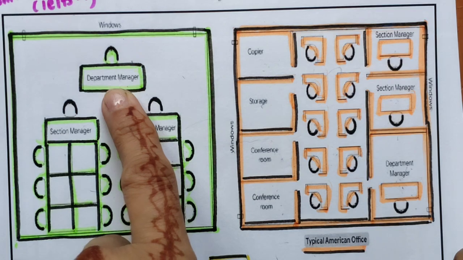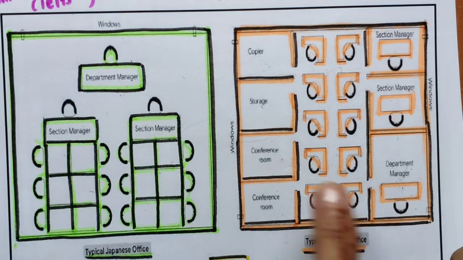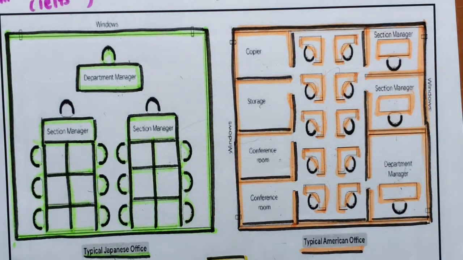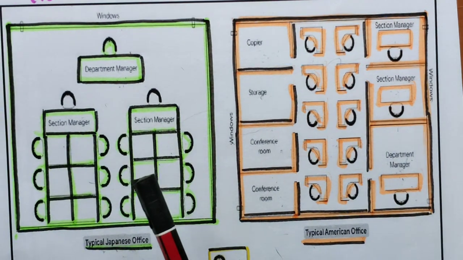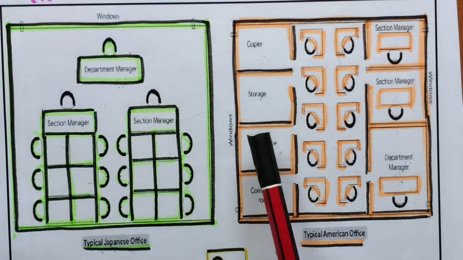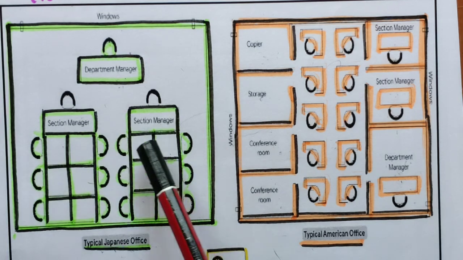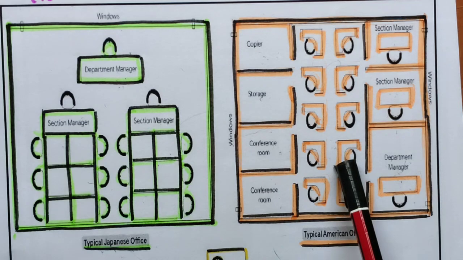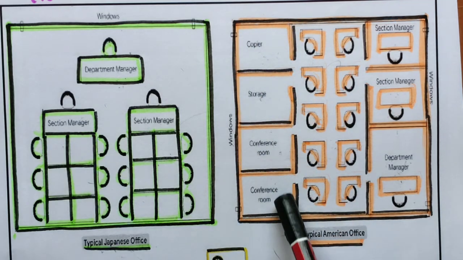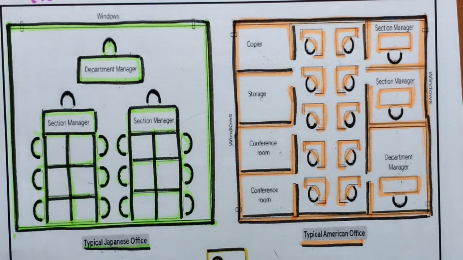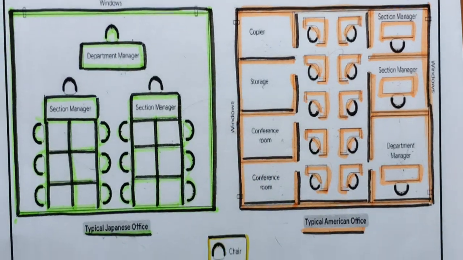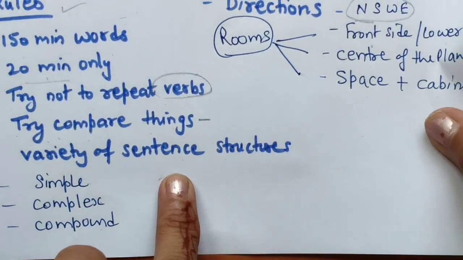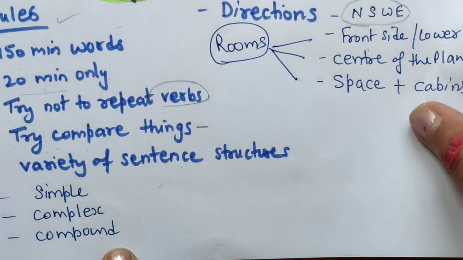He has got a small space, he has got a larger space, and in fact these 2 section managers also have got larger space. And one more comparison, a striking point you can say: here 12 employees are sitting in the office, here only 10 employees, but here they have created some facilities, here there is no facility. Okay, so that is the comparison. Definitely I will be showing it to you. For variety of sentence structure, you should use simple, complex and compound sentence structures.